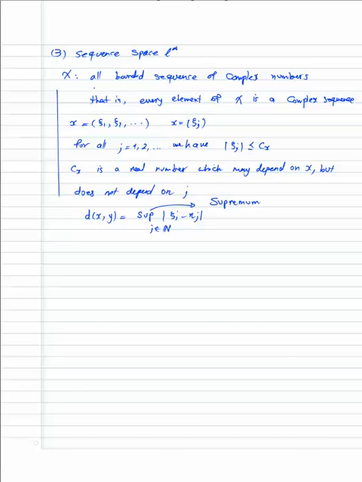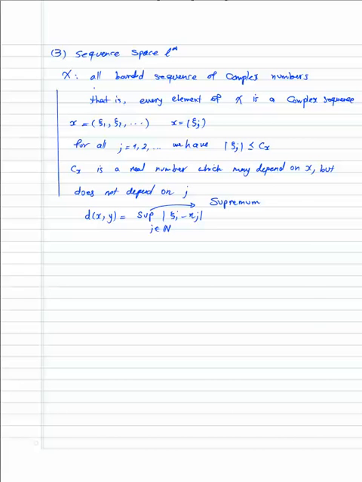If you don't know what supremum is, forget about it, assume that this is the maximum. But because you have an infinite set, you cannot talk about a maximum. It is better to talk about supremum, which is simply the smallest of all the upper bounds. The supremum is a kind of maximum, right? It's the smallest maximum.